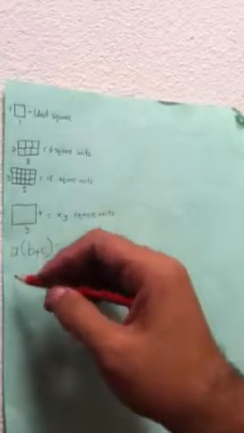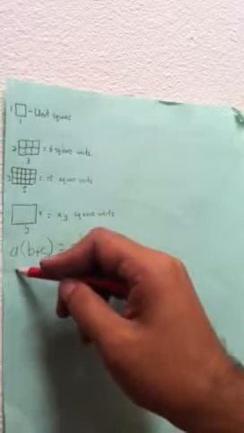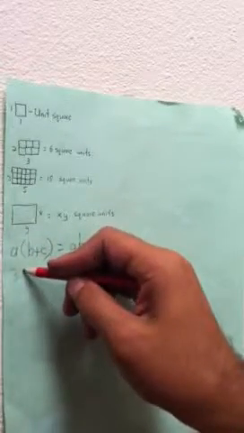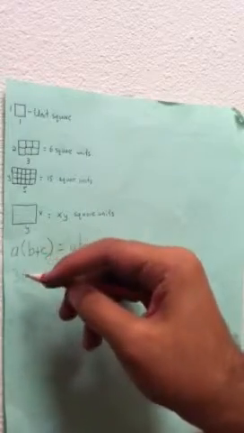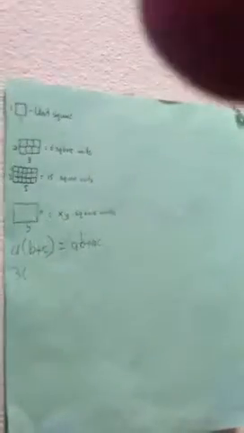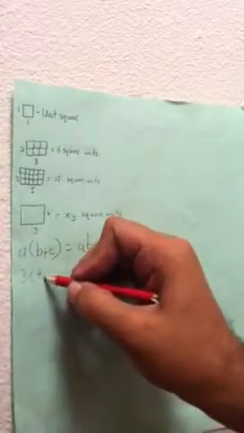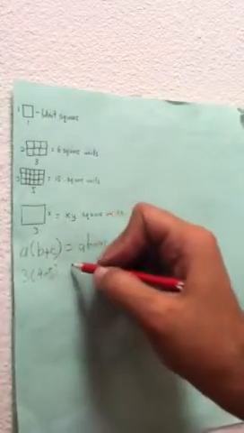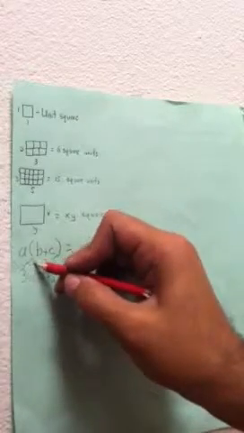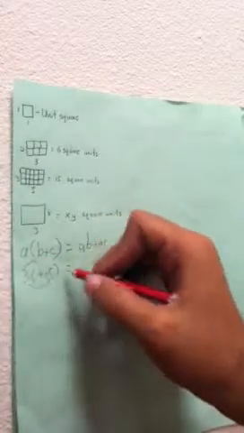So it might be helpful to just use numbers first so you can get a hang of how it works. So for example, if we have 3 times 4 plus 5, it would equal 3 times 4 plus 3 times 5.